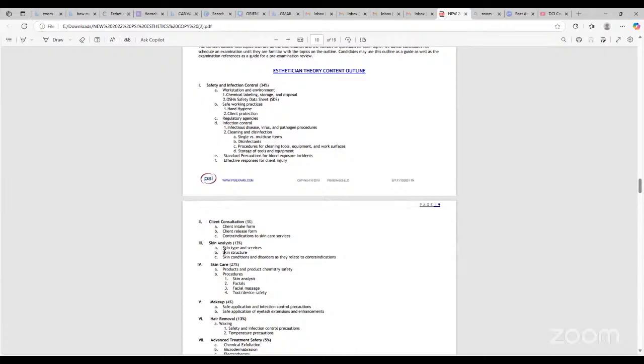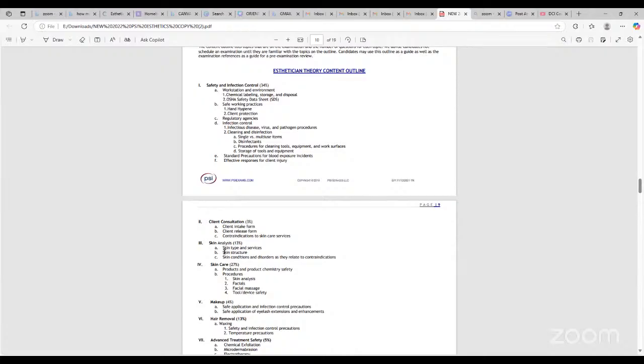Now, here's the thing. I need you to know already what a contraindication is: something that causes doubt for you not to do the service. It looks like it's going to be pretty heavy. Know the difference between a condition and a disorder. Also, what's the skin structure?